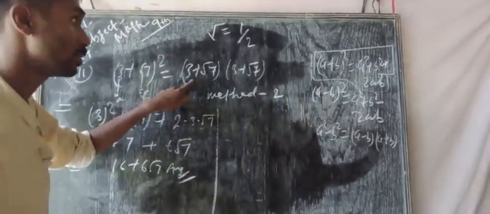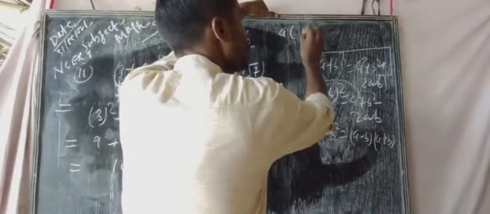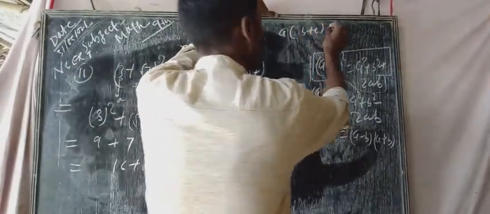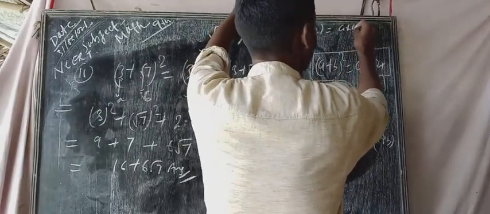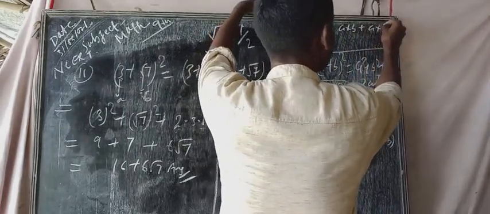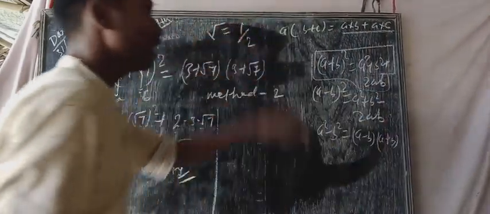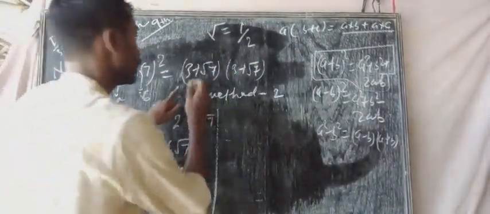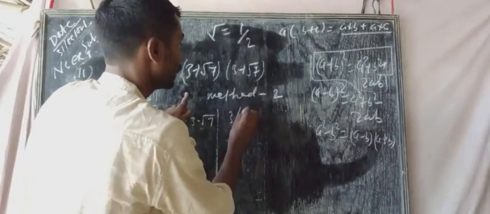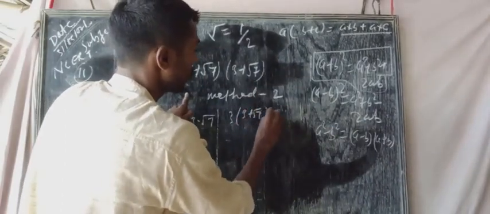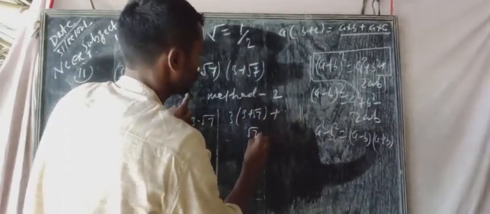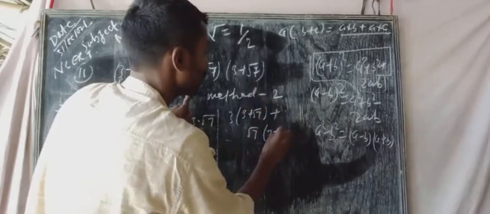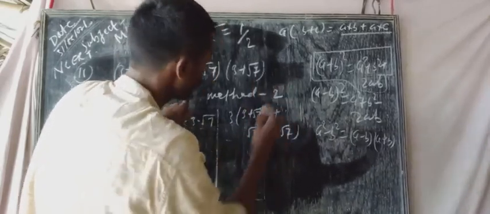We have a into (b plus c), so it can be written as a into b plus a into c. Similarly we can apply this method to this question. That means (3 plus root 7) into (3 plus root 7).